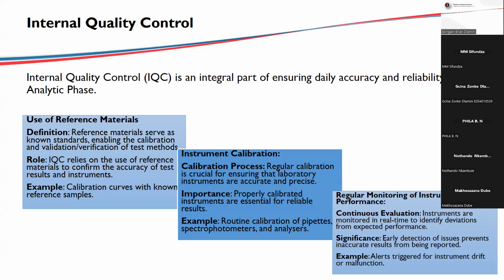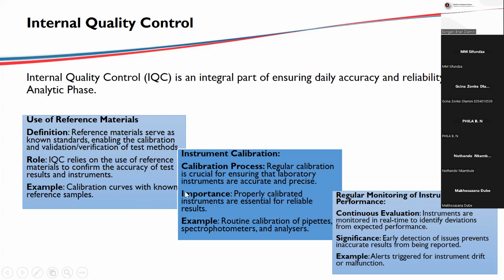The role of the materials relies on the usage of the reference materials to confirm the accuracy of the test results and the instruments, because normally they come with the control ranges to say this is where the low control should lie, then this is where the medium control should lie, and the high. So an example could be calibration curves with known reference sampling.